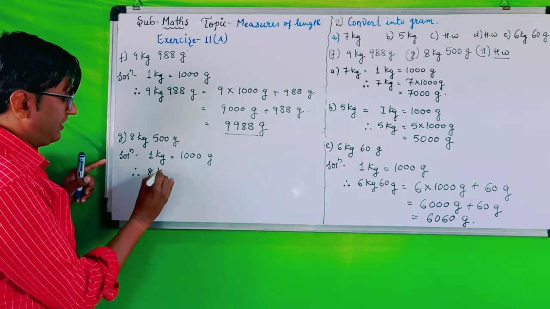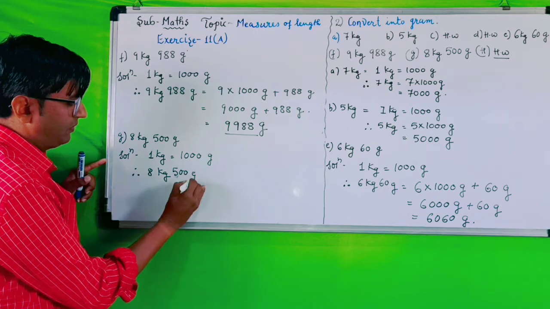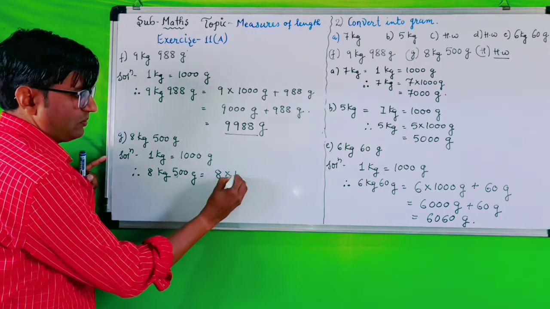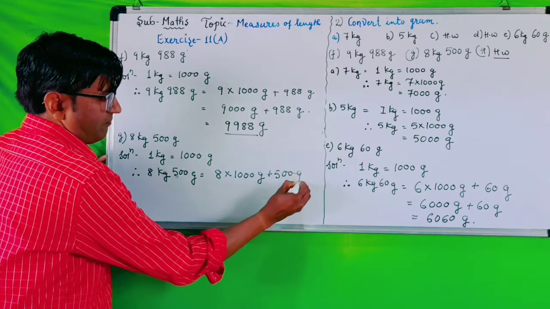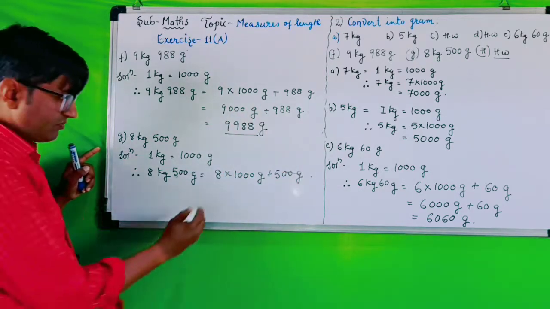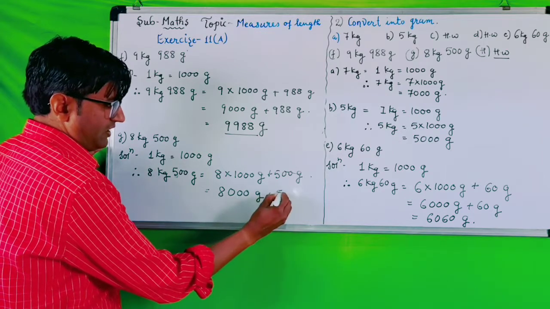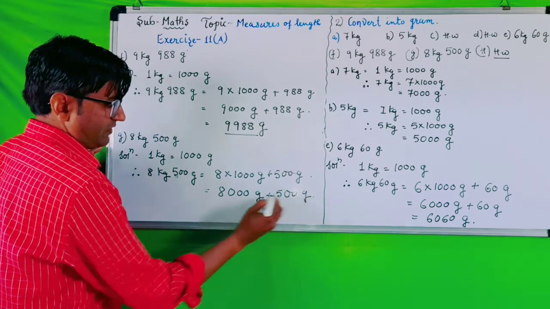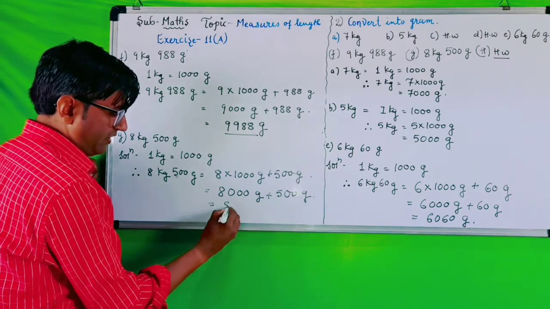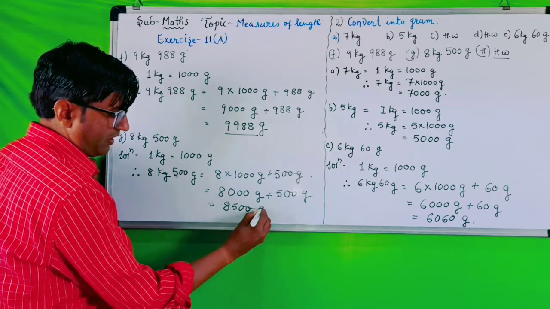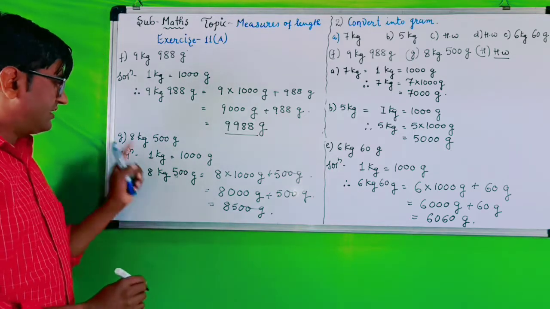Therefore 8 kg 500 gram equals 8 into 1000 gram plus 500 gram. Okay? Then 8 into 1000 means 8000 gram plus 500 gram. Then we will add it: 8000 plus 500 is 8500 gram. Understood, children? So this is G.